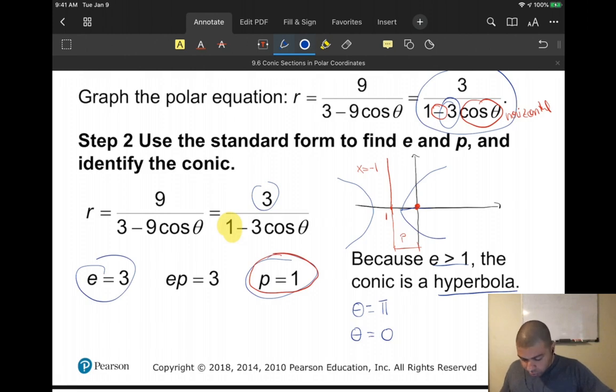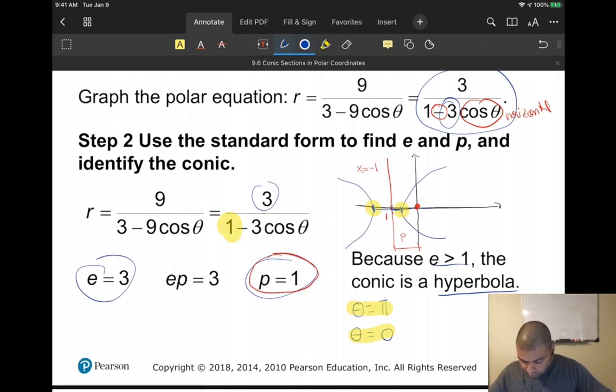So I get 0 just to make sure. Test these two, because maybe these two give me these 2 points here, right? Maybe I think they will give me these 2 points. But if they don't, then I can just move this distance to the left here to find the other vertex. It's fine. Just make sure that the distance from the directrix to the vertex is the same to the two vertices, because there's 2 of them.